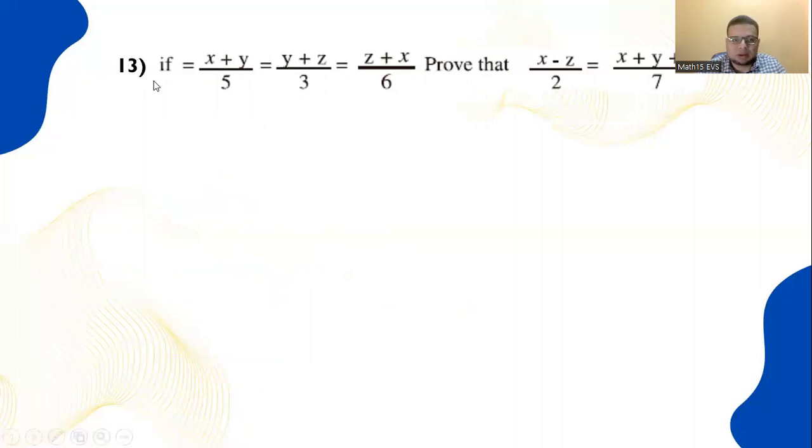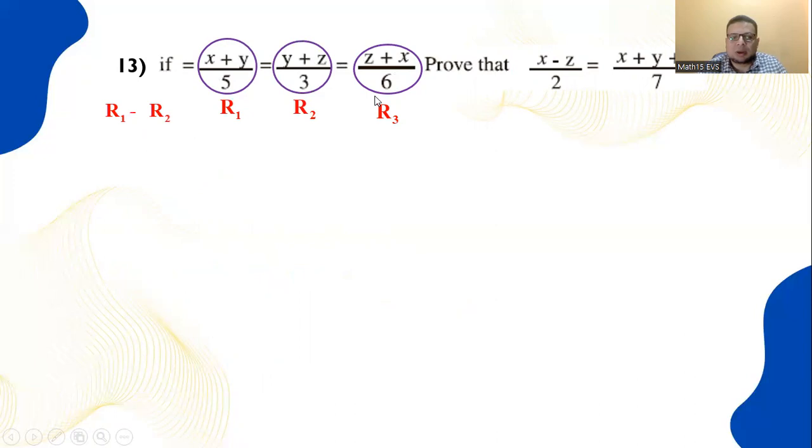Question number 15. Here I will use the consequent and antecedent property, that means sum or difference. Okay, so let's remember this first ratio is R1, this second R2, and this is R3. Okay, ratio 1, ratio 2, ratio 3. I need x minus z. To get x minus z, you will subtract the first ratio and the second ratio.